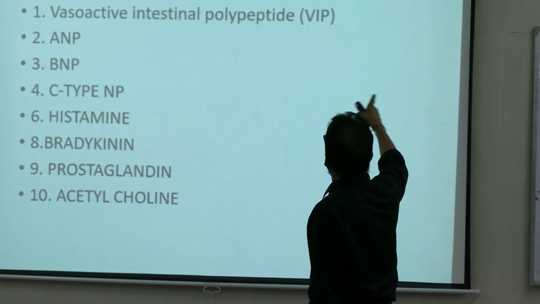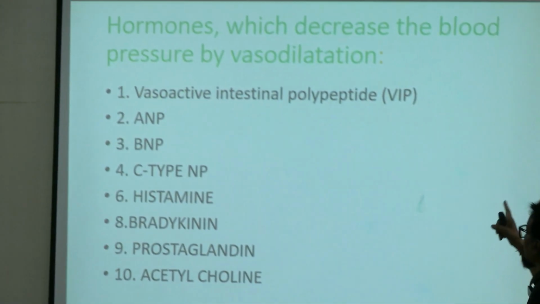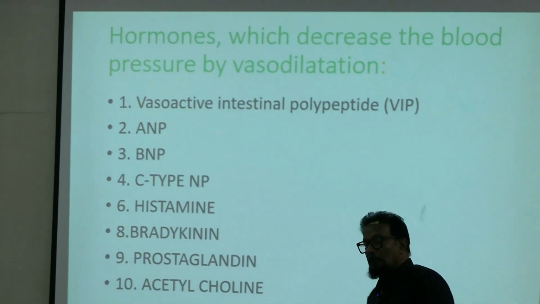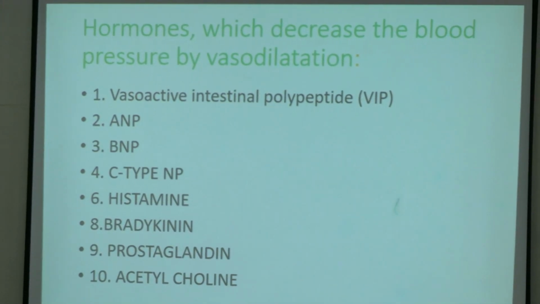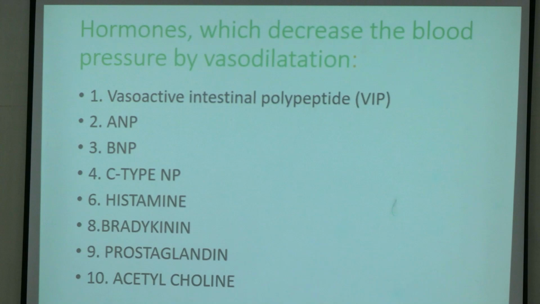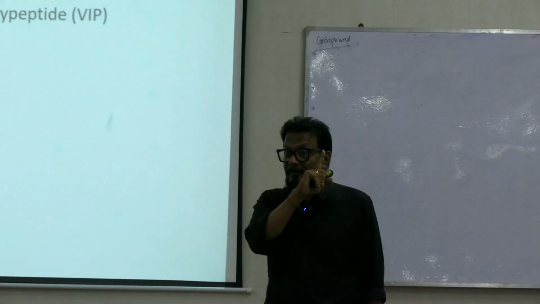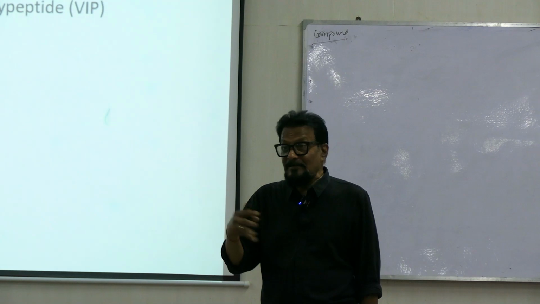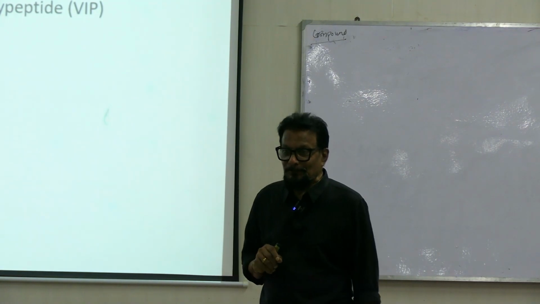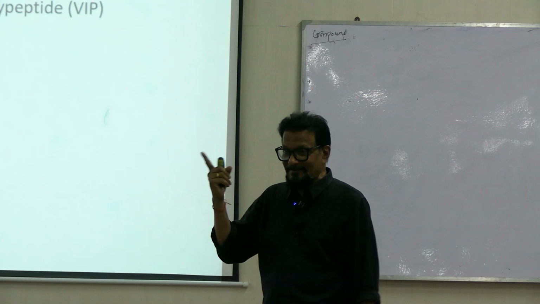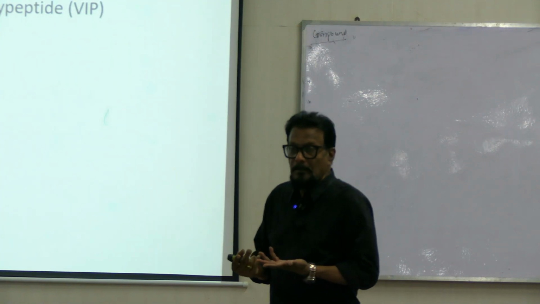Now, hormones which decrease the blood pressure cause vasodilation. What are these? These are VIP, vasoactive intestinal peptide. We have learned in digestion a lot of intestinal hormones, GI hormones. So VIP is one of the GI hormones. They are vasodilators, so they can decrease the blood pressure level.